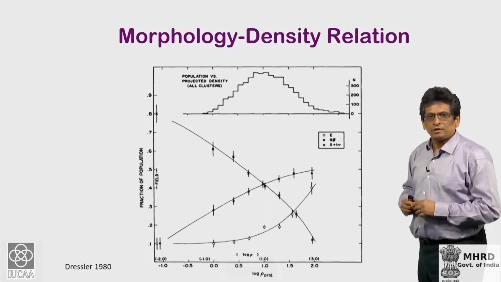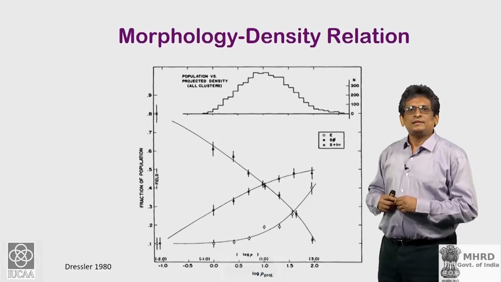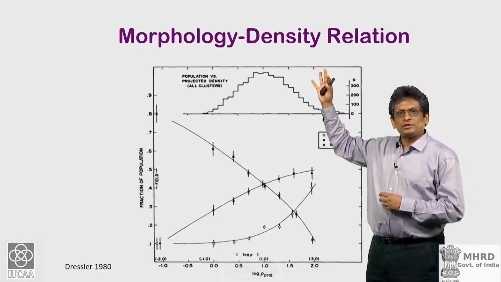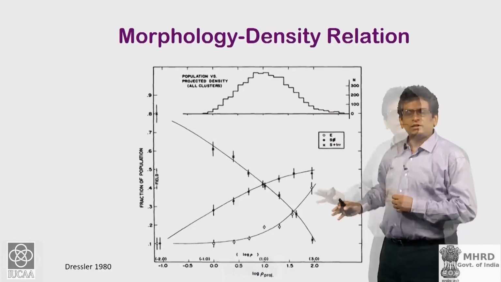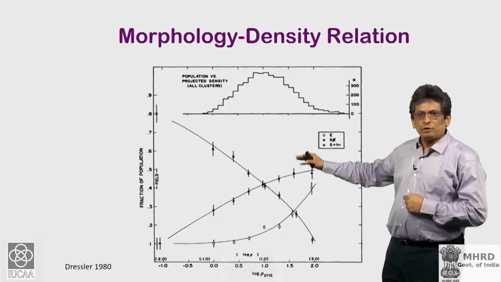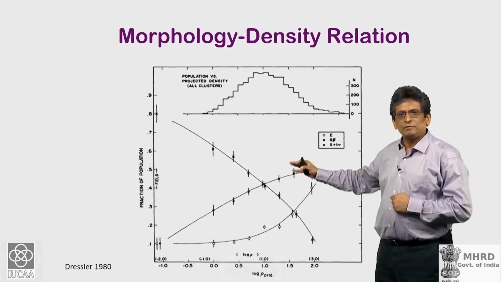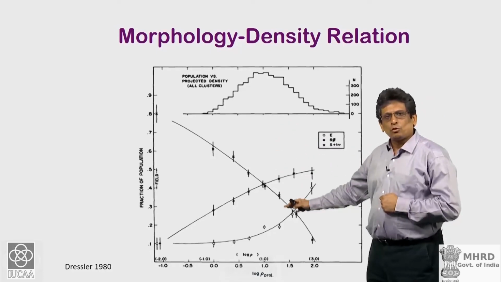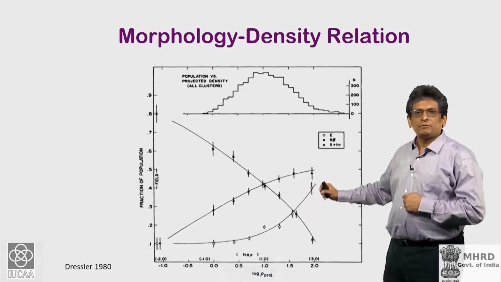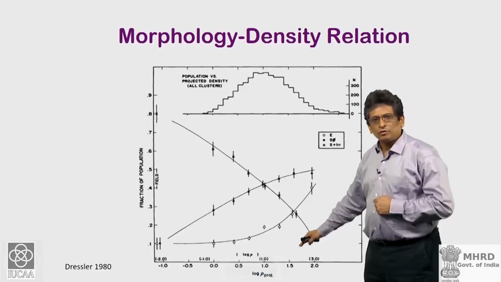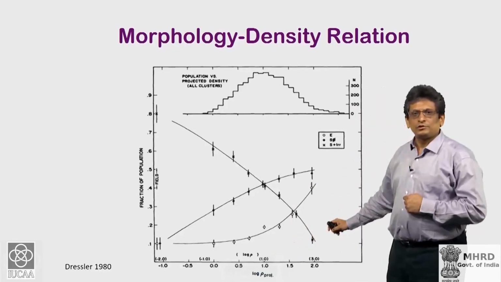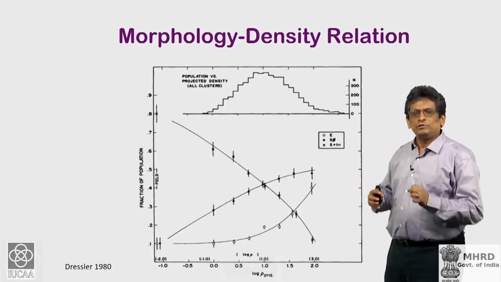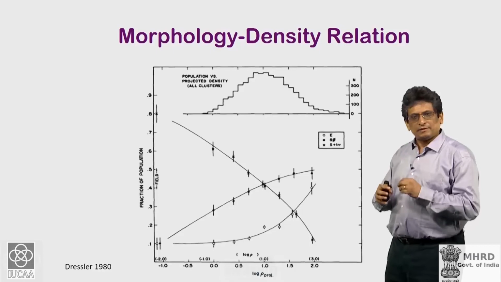This was first shown by Dressler in the 1980s in a very famous paper which is known as the morphology density relation, in which what he did was he plotted the frequency of these galaxies that are found in different environments as a plot which shows on the y-axis the relative frequency of these galaxies, and on the x-axis it shows the density, the local density of galaxies around the particular galaxy.